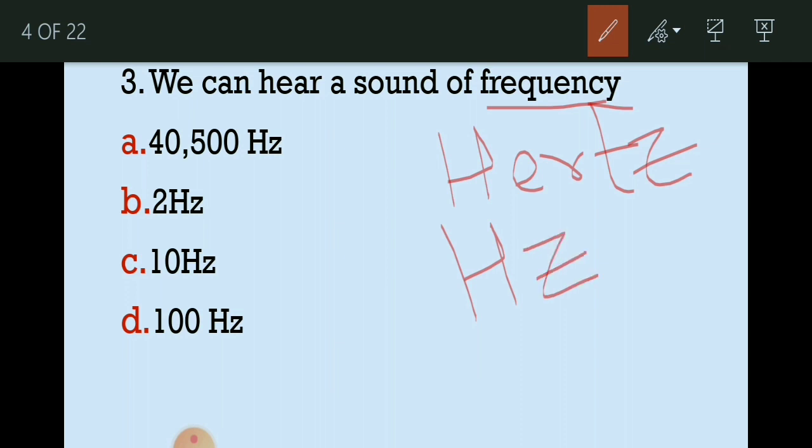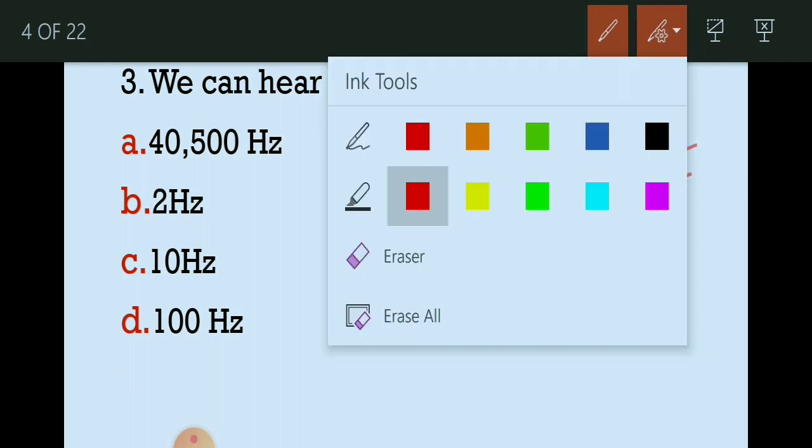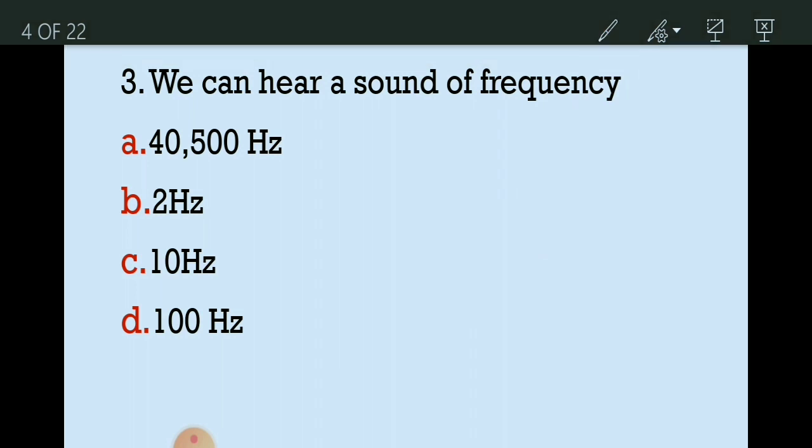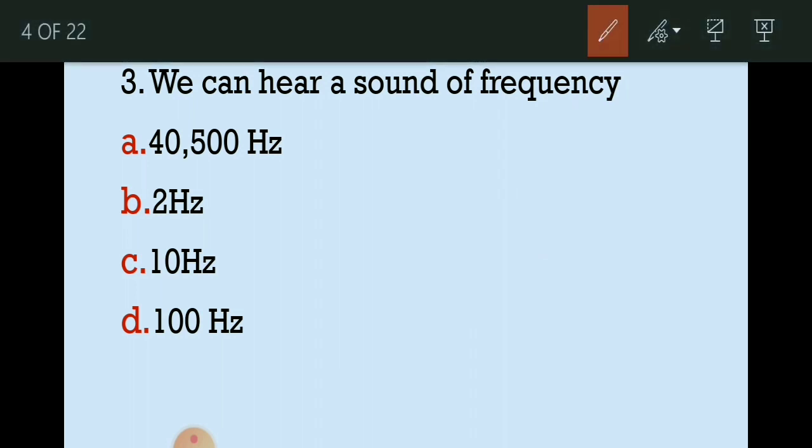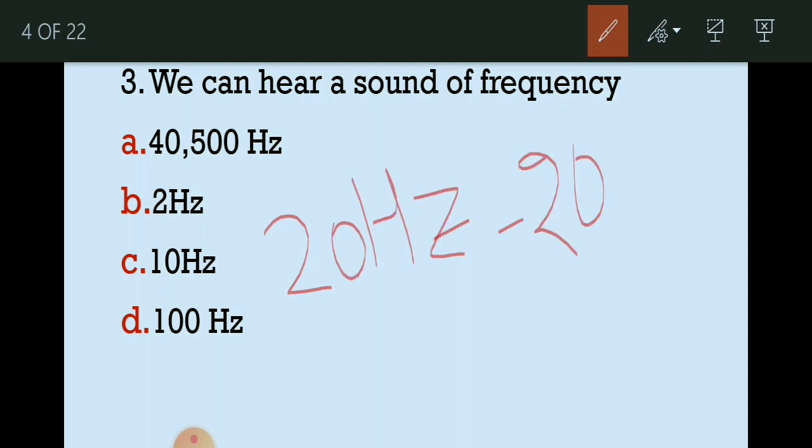Another thing I want to tell you is that we should also know the audible range of human beings, meaning the range where human beings can normally hear. The range is from 20 Hz to 20,000 Hz. Between this range a normal human being can easily hear the sound, but if the sound is below 20 Hz, then we cannot hear it, and if the sound is above 20,000 Hz, then also we are unable to hear it.